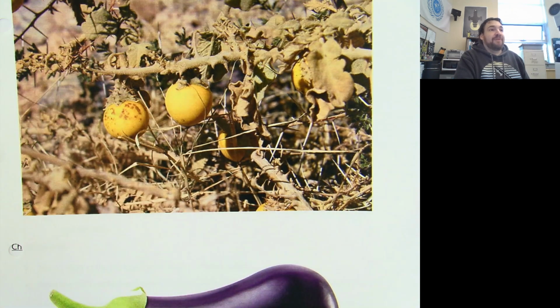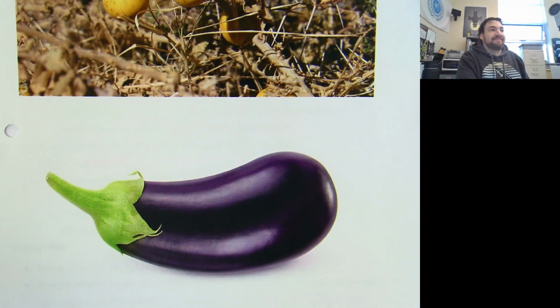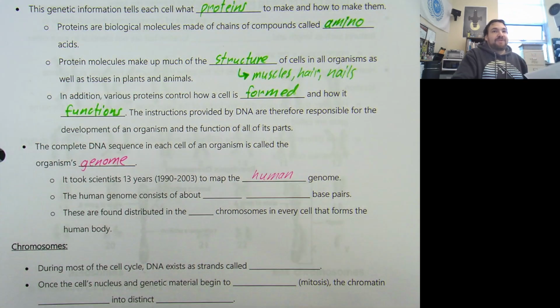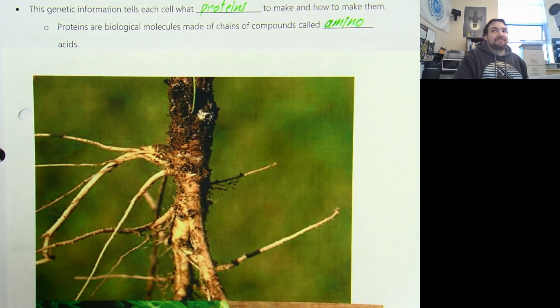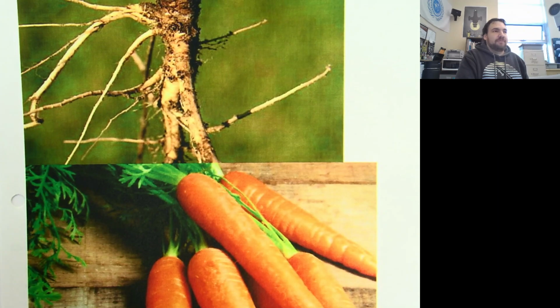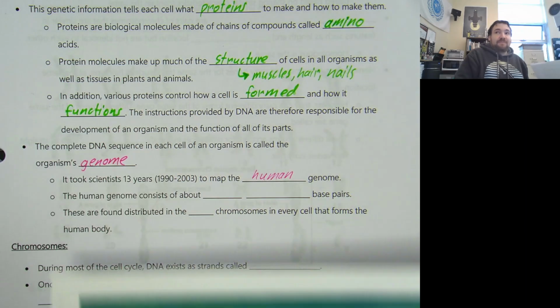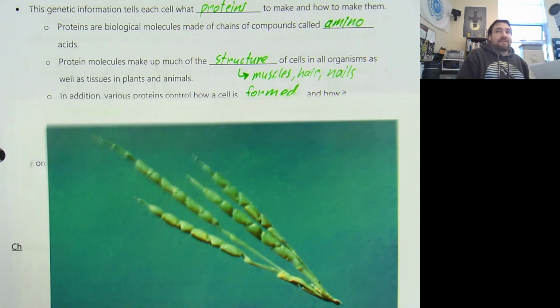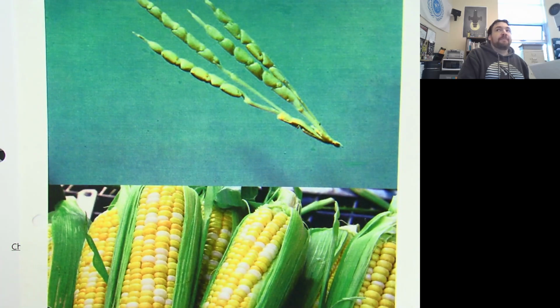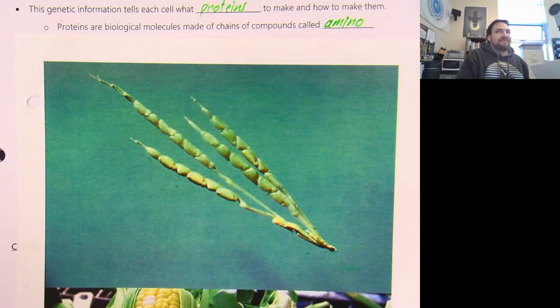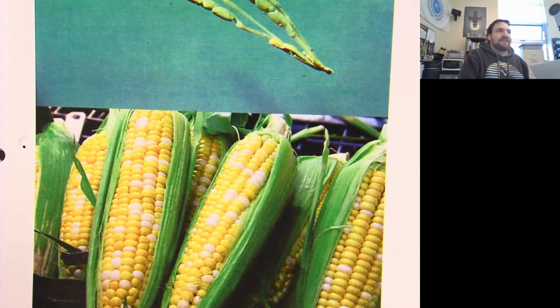That's eggplant. Who wants to take a guess what this is? Yeah, because you saw this picture. Let's not wreck this one. Corn. This is what corn used to look like? Like, no. This is what corn should look like.